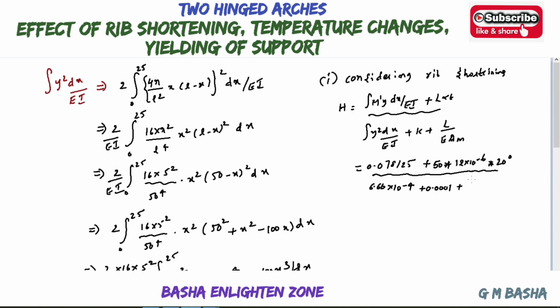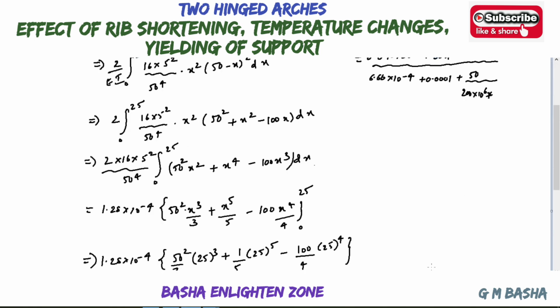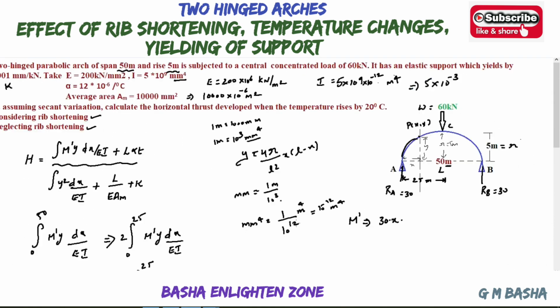Plus again, the L value will be 50 by the E value, 200 into 10 to the power of 6, and the A value is 10000 into 10 to the power of minus 6.